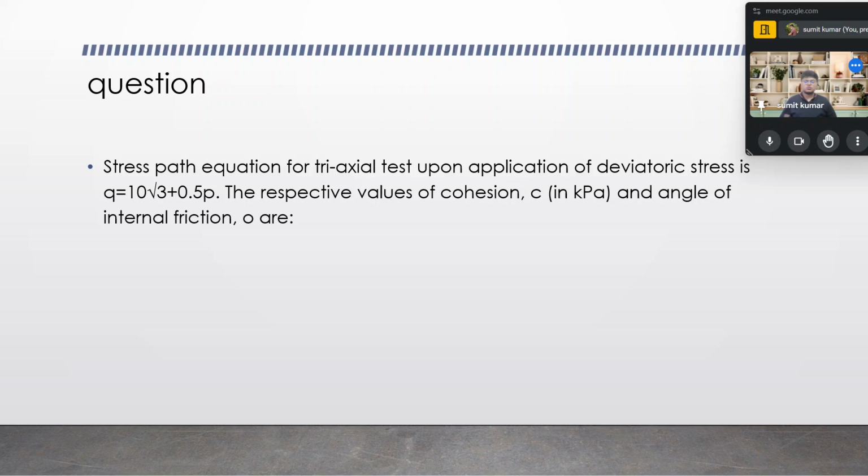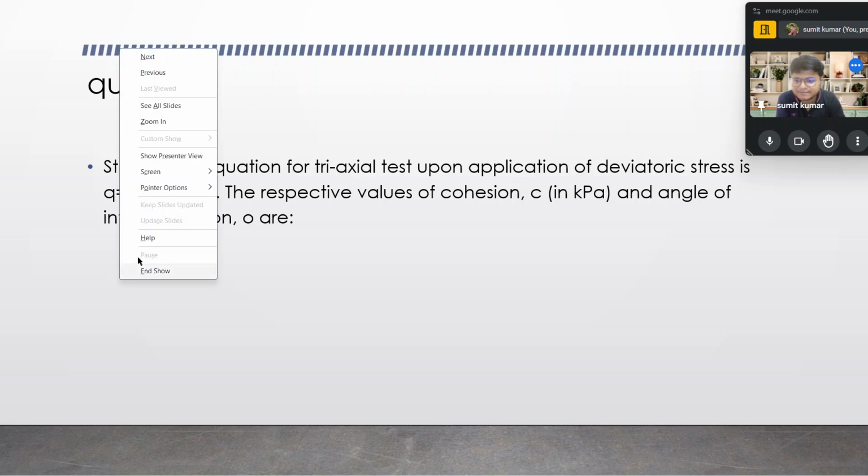Now this is a very good, very interesting problem related to stress path. So we will start with this. I will take a pen and then I will move ahead.